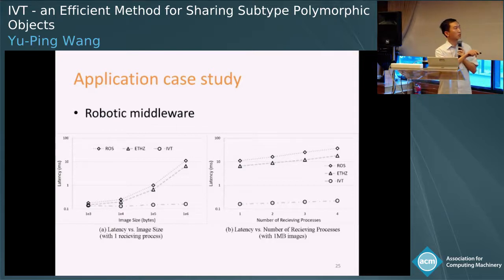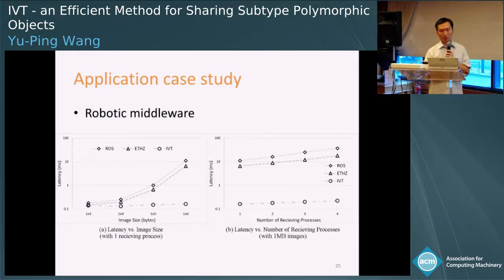But as we can see, the performance improvement is not very noticeable because they use serialization. They serialize each message into the shared memory and deserialize it in the receiving process. By using our IVT technique, we can directly share the messages inside the shared memory. No movement, no copy, no serialization at all. So the communication latency is constant.